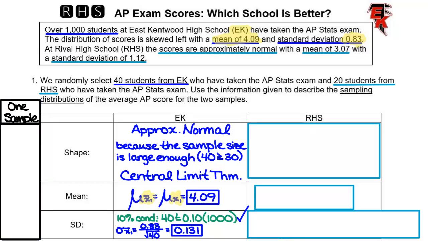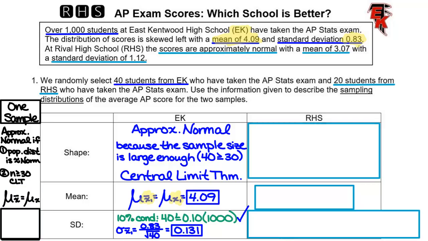All right, so before I set you guys loose on RHS, we're going to recap. When we're working with just one sample, it's approximately normal if the population distribution is approximately normal, or if I can use the central limit theorem, 30 or bigger in my sample. Either one of those will give me an approximately normal sampling distribution.